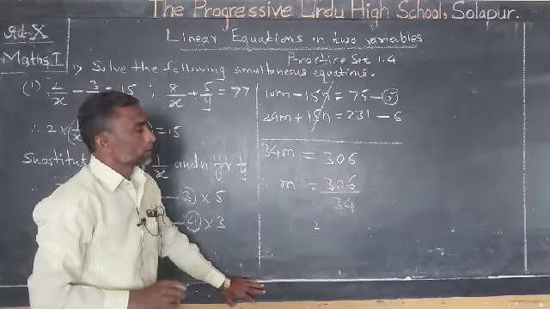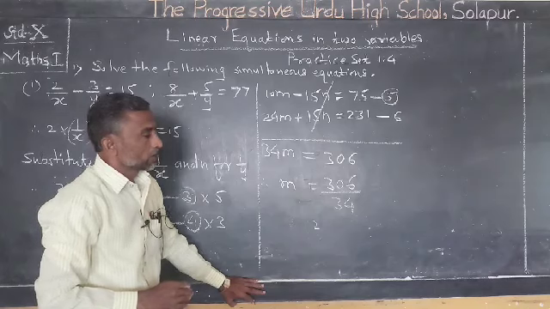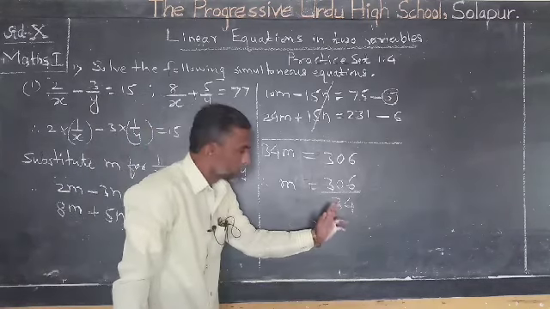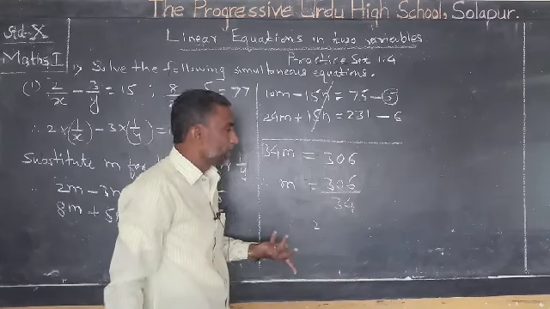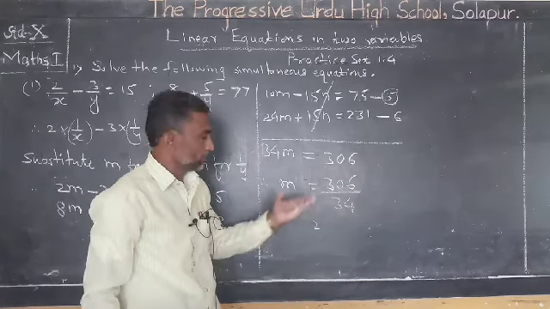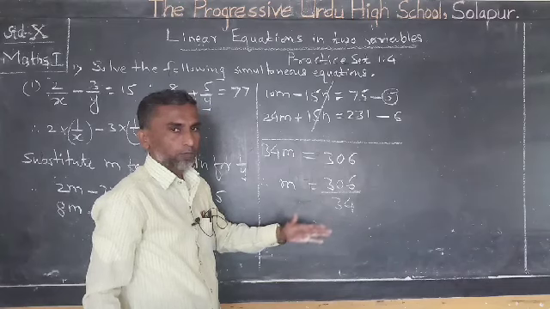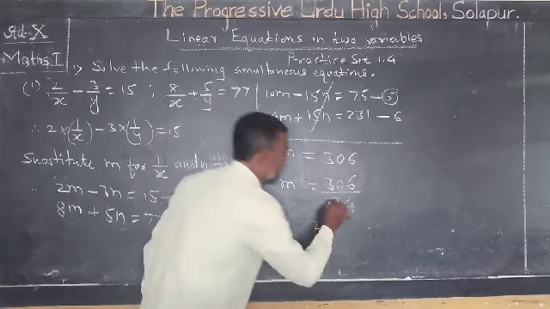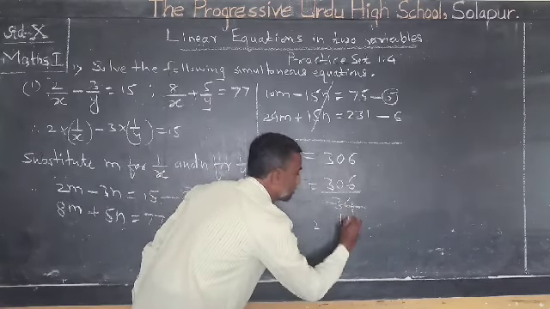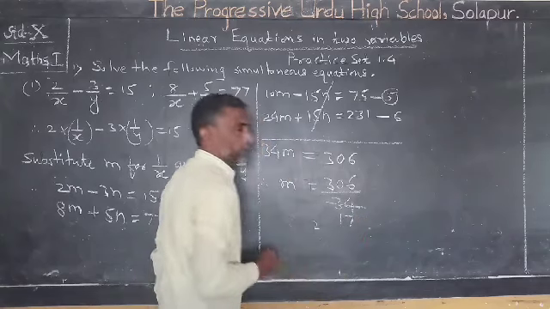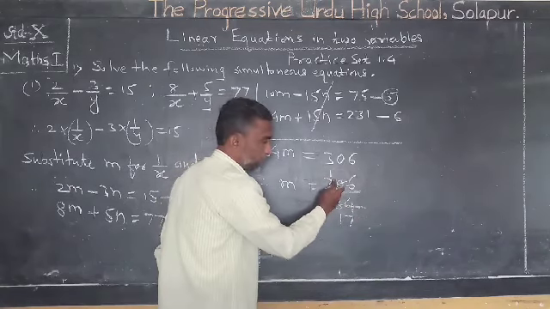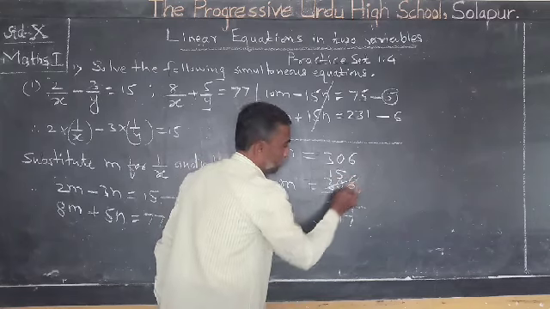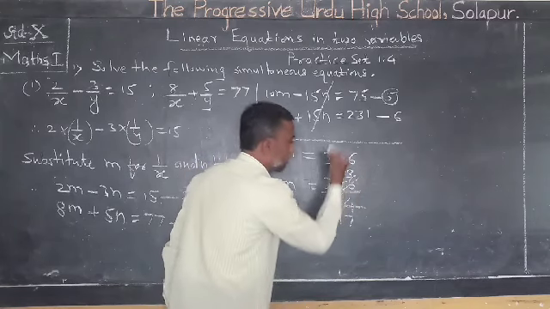Now we have to divide. We don't know the table of 34. How can we divide? First divide by 2, which is easy for you. 2 ones are 2, 2 sevens are 14, 2 ones are 1, 1 will remain, it will become 10. 2 fives are 10, 2 threes are 6.